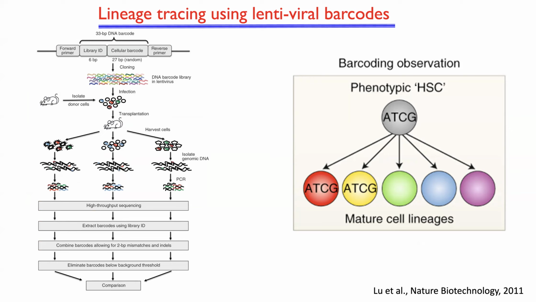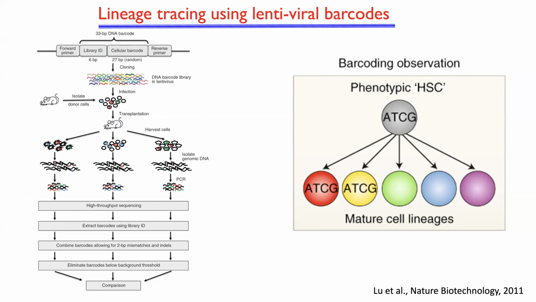You can transplant these cells into mice. Okay. And after 16 weeks, you isolate distinct populations of cells and sequence for the barcodes. Okay. If you see a barcode in HSC, then you see the same barcode in all mature cell lineages. Okay. Then you know that HSC contributed to multilineage contribution.